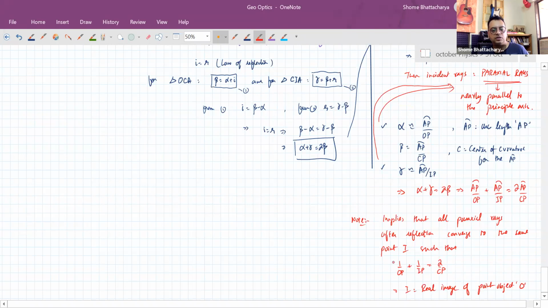Okay. So we will convert this into a UV formula also, but for that we will incorporate the Cartesian sign convention in this. So right now just think of it like a relationship between 3 distances: the distance OP, the distance IP, and the distance CP.